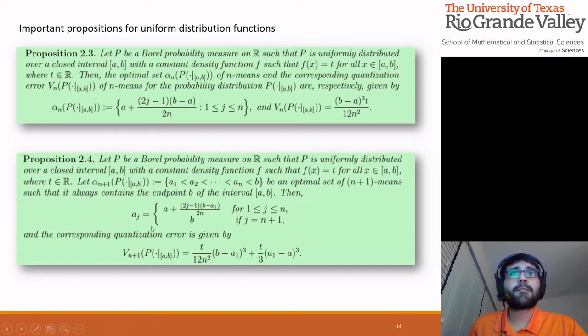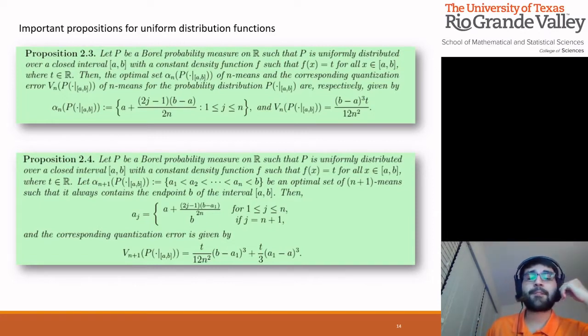The formula to find every quantizer will change a little bit, as well as the corresponding quantization error. This will be important whenever we study the mixed probability distribution functions, and some of these terms are going to appear there.